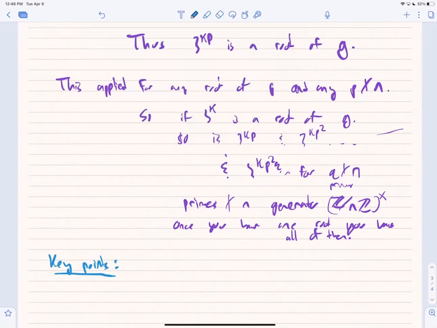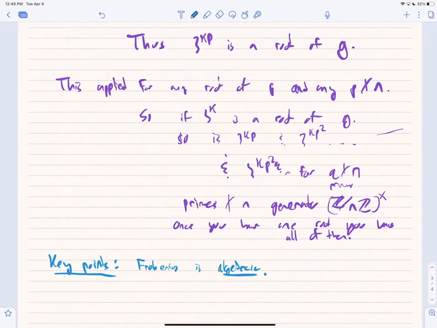And this doesn't work for other polynomials besides the cyclotomic polynomials, essentially because, well, the first key point is that the Frobenius is expressed algebraically. So it's an algebraic map.